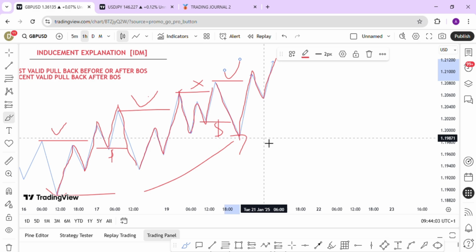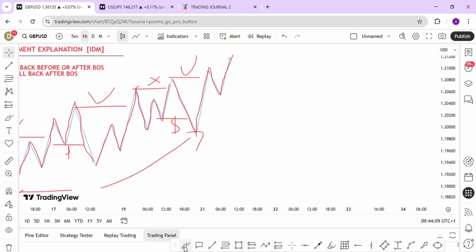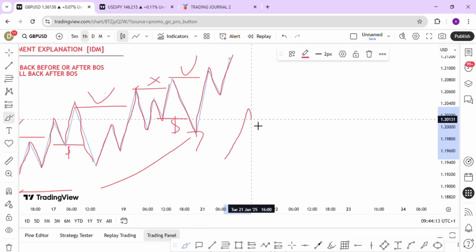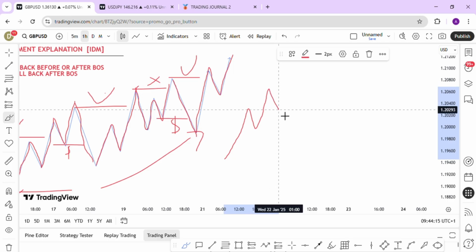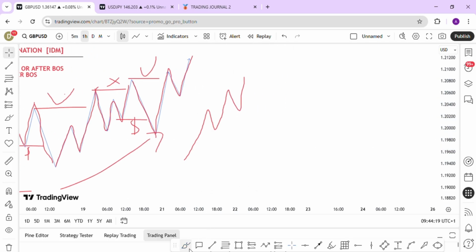So this is just the basic thing about inducements. You don't need to worry yourself. I'll still explain it on the real chart. So if you have a situation where the market is doing this, you don't need to worry. Just make sure that you are following through, because this is not break of structure, it's just impulse correction.